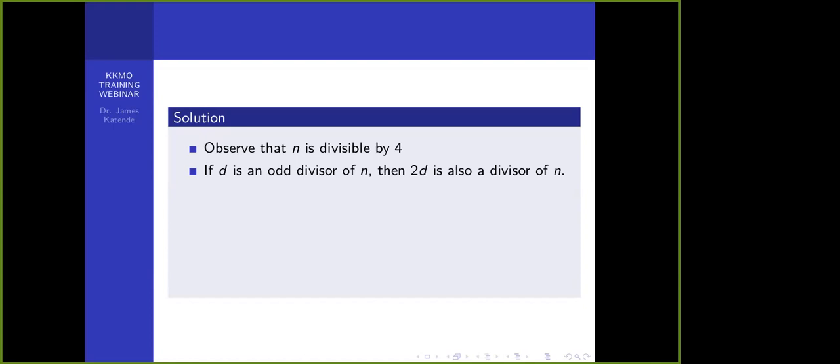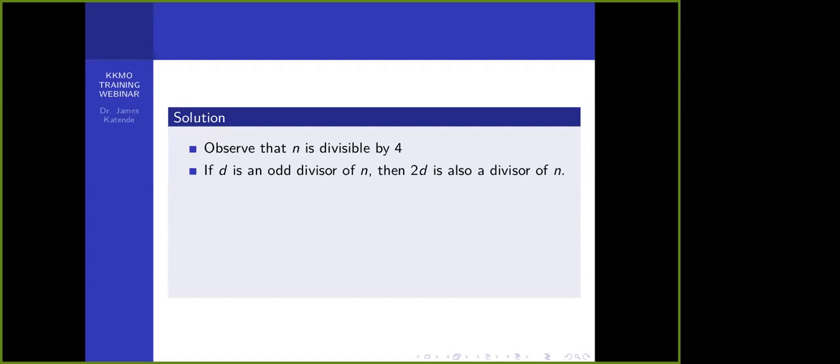So, because it's divisible by 4, we make the following observation. If D is an odd divisor of n, then 2D will also be a divisor of n. Can you see why? For any odd divisor D of n you pick, 2D will also be a divisor of n.